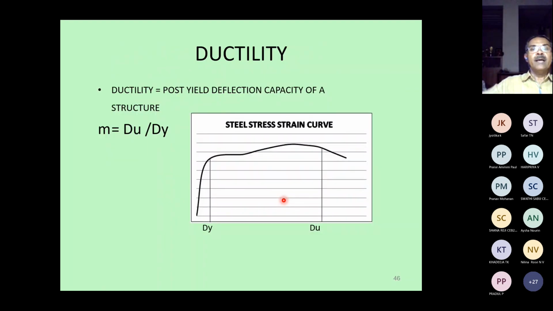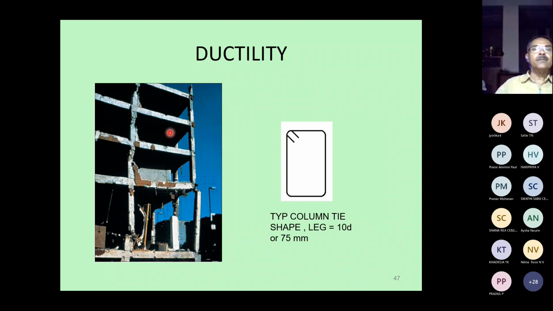Ductility is nothing other than the deflection gap available between your yield and ultimate failure. After the yield and before the ultimate failure, we get a long strain range over which the structure will carry the load without failure. This post-yield deflection capacity of a structure is called the ductility of the structure.